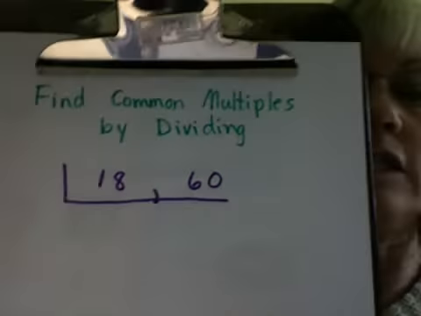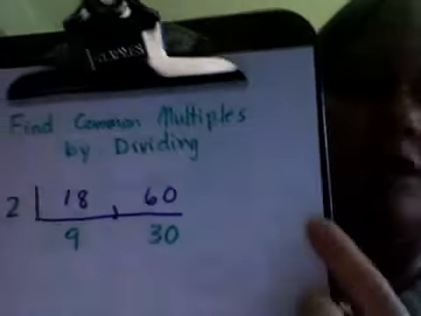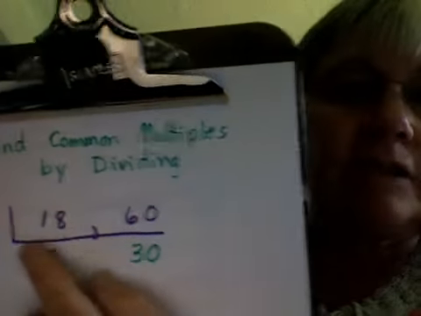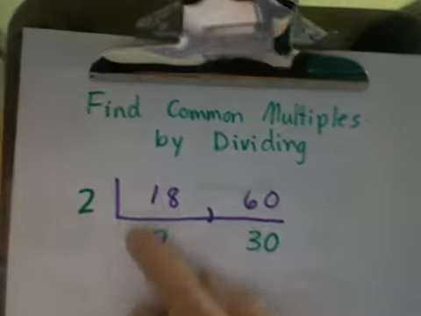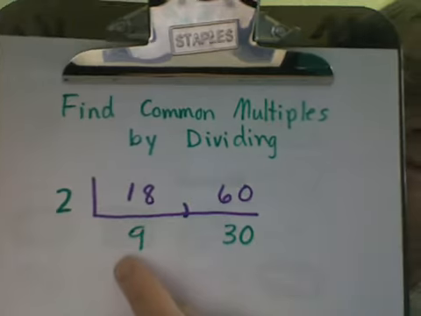Okay, I know that 18 and 60 are both divisible by 2. So I'm going to put 2 out here on the side of the L chart. I see that 18 divided by 2 gives us a result of 9.